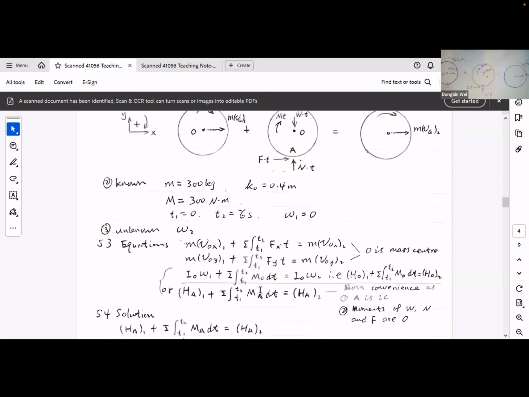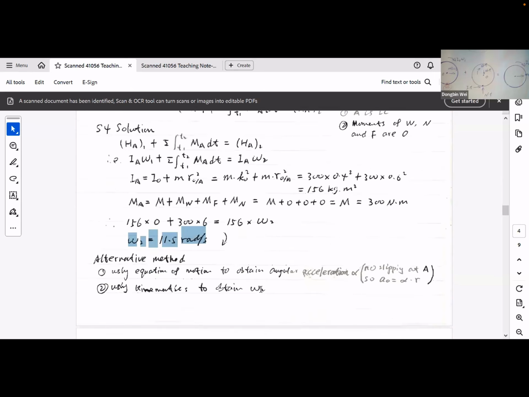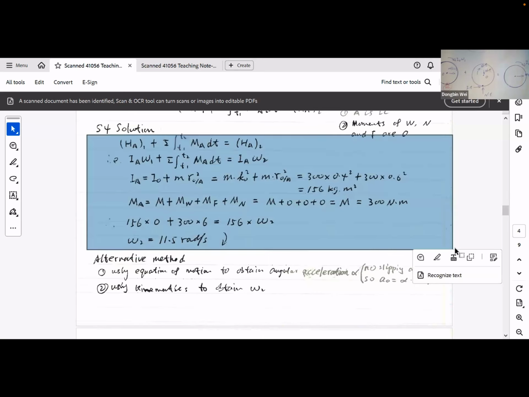Okay, as mentioned, definitely the problem can be solved using the kinetic equations of motion plus kinematics. I suggest you work out the solution by yourself, then compare. I believe you will find that for this kind of problem involving force, velocity and time, using the principle of impulse and momentum, the solution can be much easier.